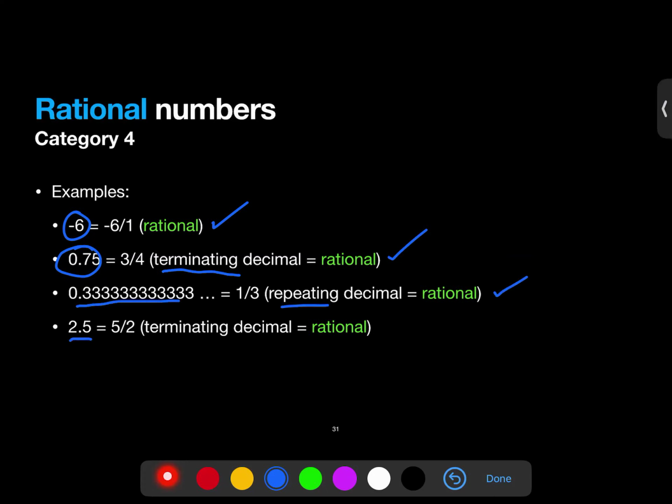And 2.5 is a terminating decimal, so it is also rational. So any numbers like these that can be written as P over Q form is rational.